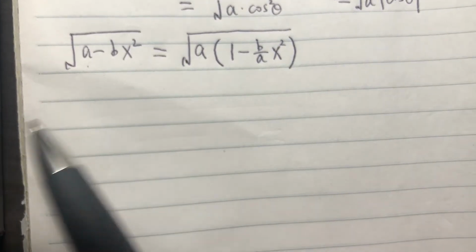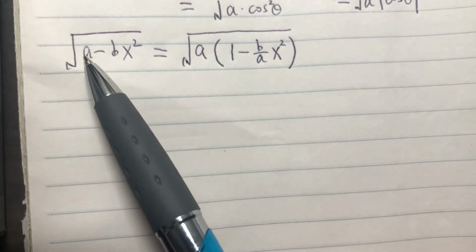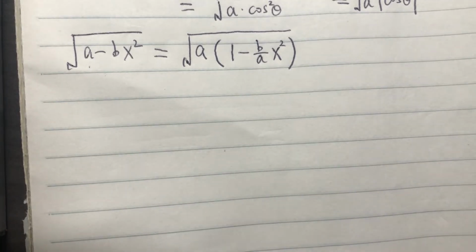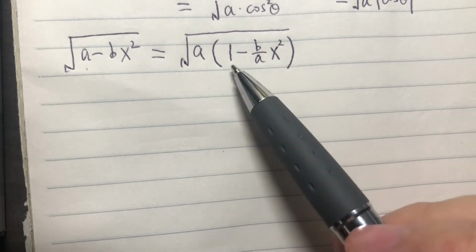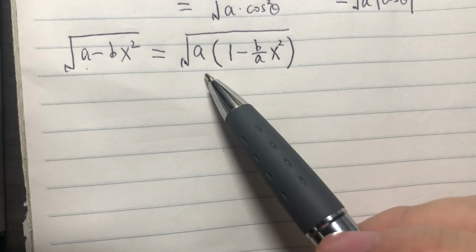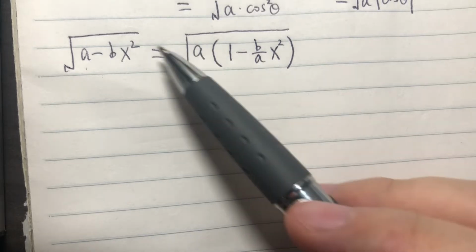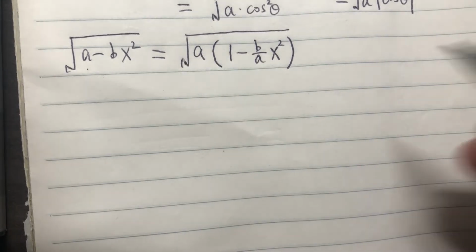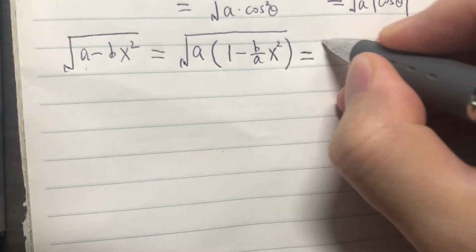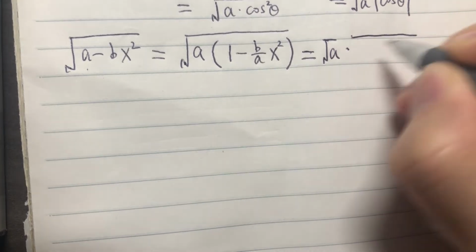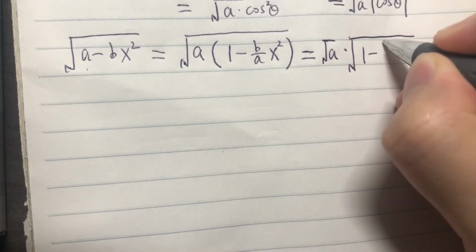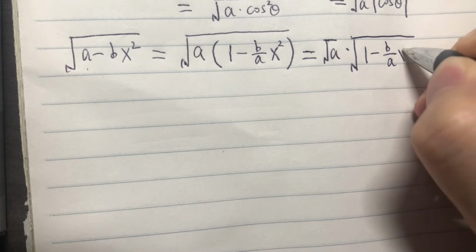I didn't change the value, I just took a out. A is a common factor in this formula, and the second term becomes b over a x squared. The first term becomes 1. Because a is a positive constant, we can take it outside of the square root, and this is square root of a times square root of 1 minus b over a x squared.